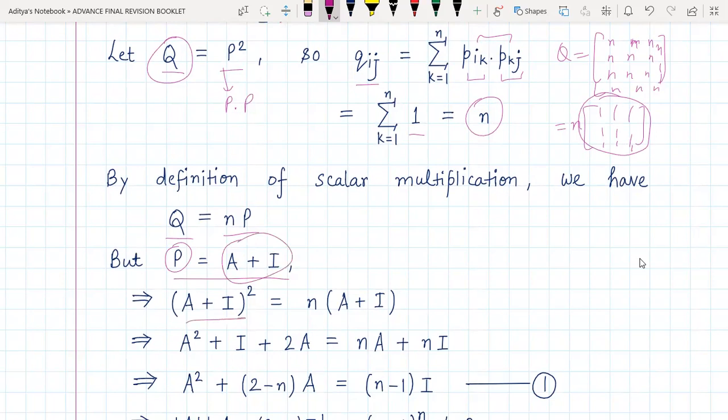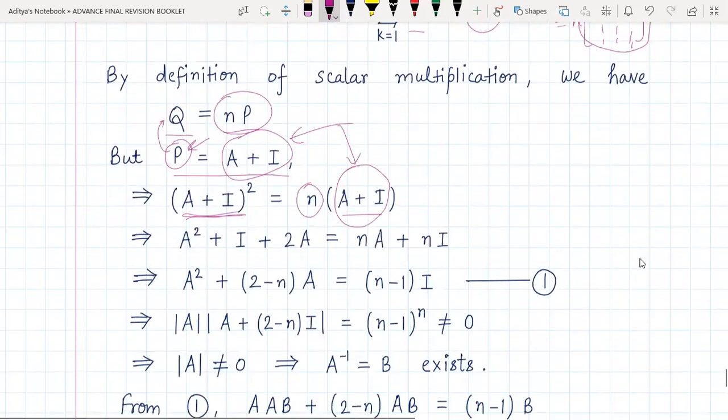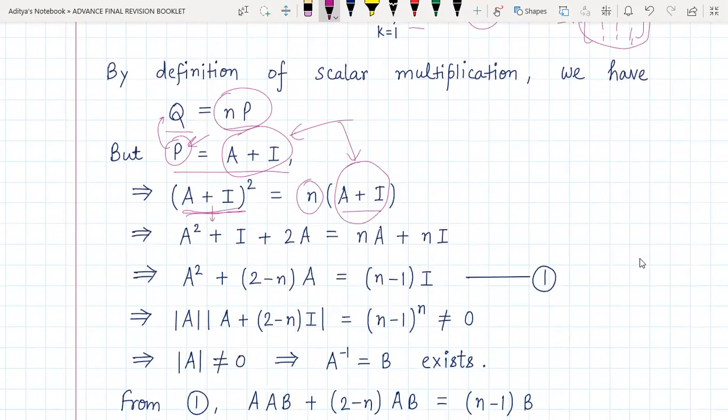P square would be equal to Q, and Q is equal to nP, and P is A plus I. So that's basically what we have done, just substitutions. Then we have opened this up and we are getting A square plus I plus 2A is equal to nA plus nI. Finally rearranging, this is what we get, which we are calling equation number 1.